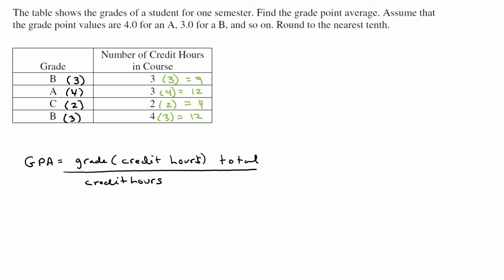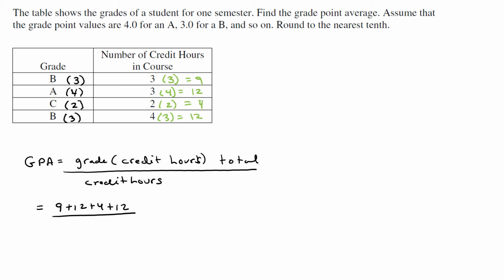So total with the number of credit hours there, so those quality points, we've got 9 plus 12 plus 4 plus 12 divided by the total number of credit hours. And so the first one was a 3, and then we had a 3 and a 2 and a 4, right?